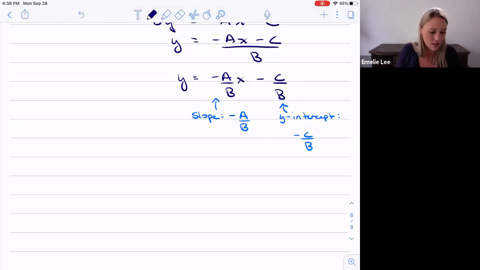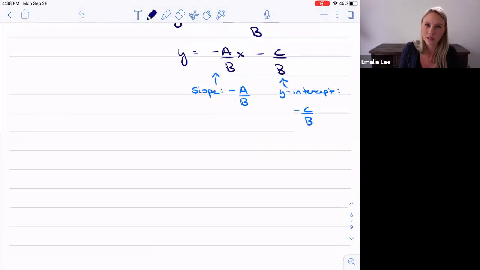So let's talk about slope. Probably remember rise over run. We're just going to re-emphasize that using the coordinates.